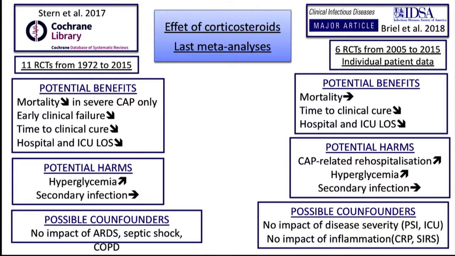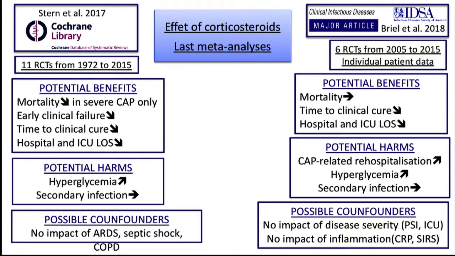The second meta-analysis has just been published last month, including 6 RCTs, the most recent ones with the best quality, from 2005 to 2015. And what is important is that it included individual patient data. So they also show several potential benefits, a discrepancy on mortality, no effect in this meta-analysis, we'll comment on that after, but also a reduced time to clinical cure and a reduction in hospital and ICU length of stay.